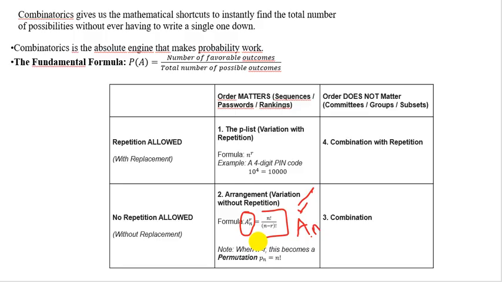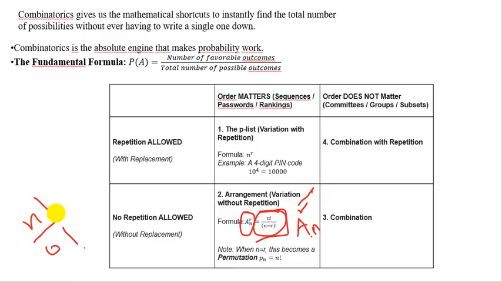when we use all the available elements. For example, if n, that means I use r, which is the same as n, so n equals r. When n equals r, if we apply this formula, we get n factorial divided by n minus r, while n equals r, which is 0 factorial.